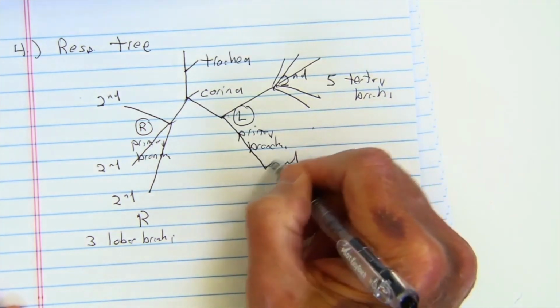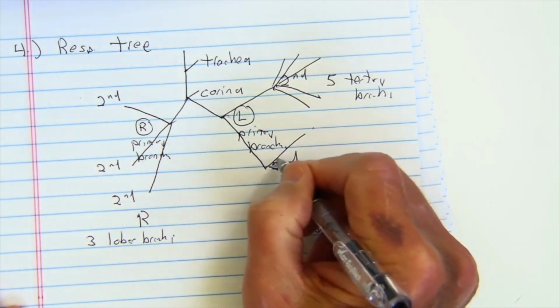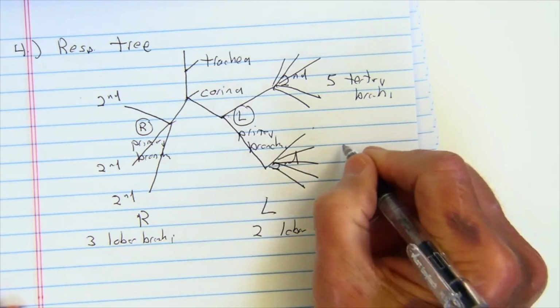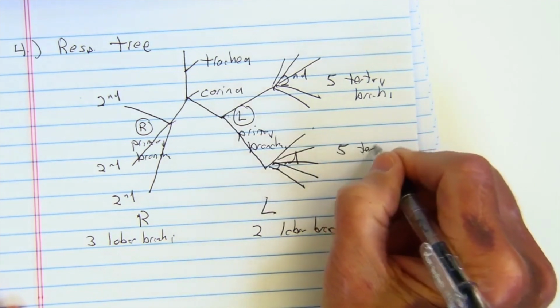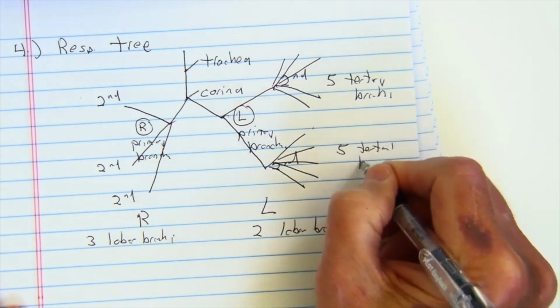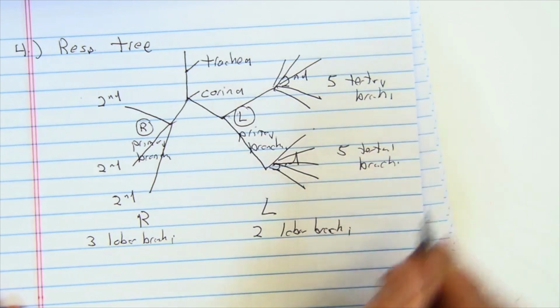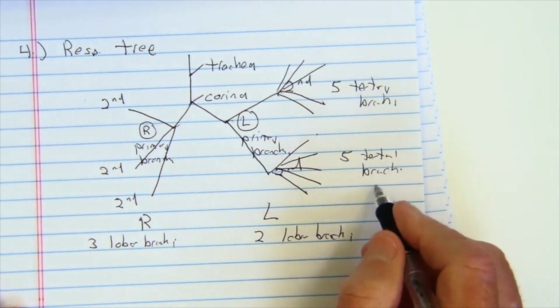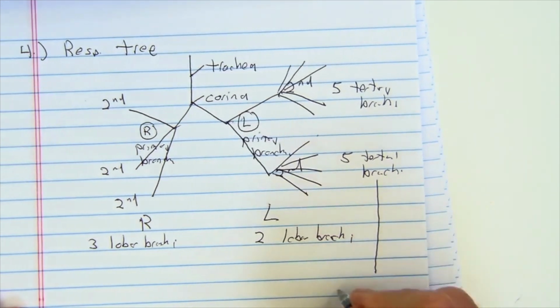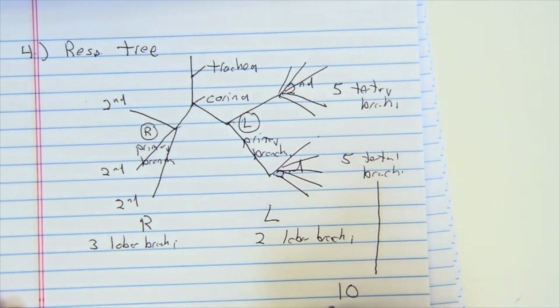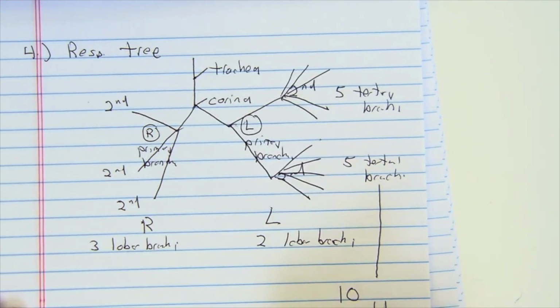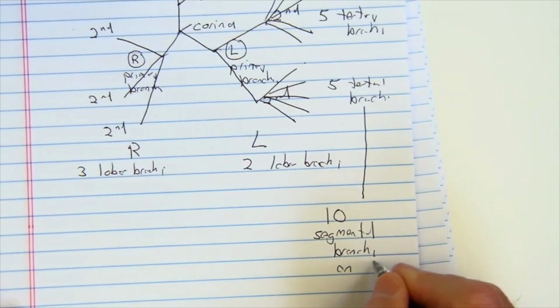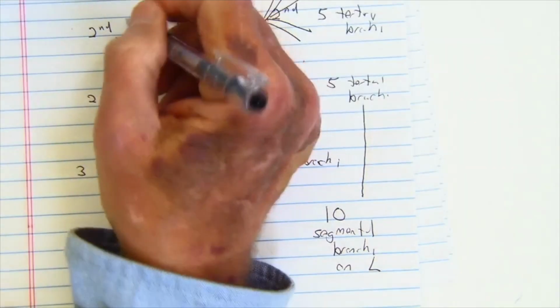And then same down here, 1, 2, 3, 4, 5. 5 more tertiary bronchi. And because they're tertiary bronchi, they're called segmental. So therefore, we're going to have 10 segmental bronchi on the left side.